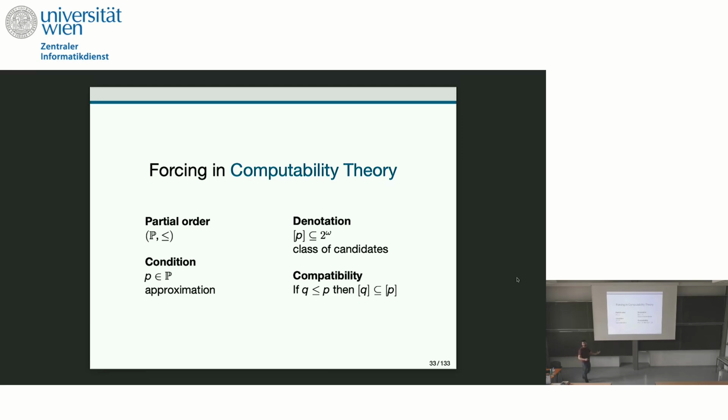So contrary to set theory, where we had the full filter, here we are just going to interpret a filter into a set, and this is the set that we're going to build. So given an approximation, we have this denotation saying, here are the possible objects that can be built from this approximation. And we want that if Q is smaller than P, then because we are more precise, we have fewer candidates. So the denotation of Q is included in the denotation of P. Really think of P as an approximation.